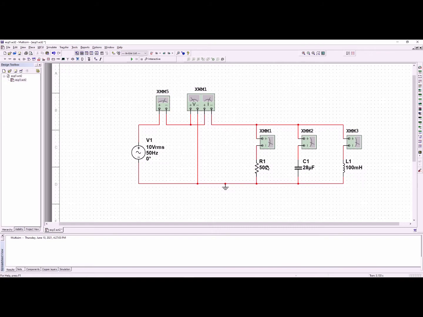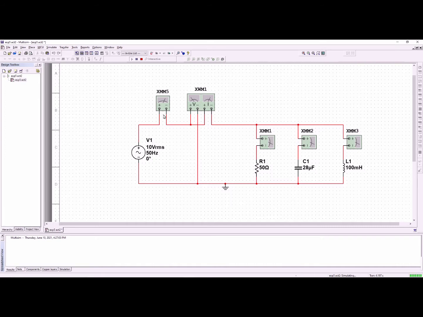This is the connection of the resistor, capacitor and inductance in the parallel circuit. Next, this is a multimeter which shows current. This multimeter shows the current for the capacitor, and this shows the current of the inductance. This is a wattmeter that we use to observe the total power. Next we run the simulation.